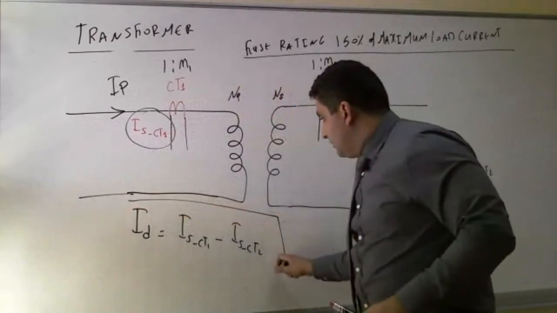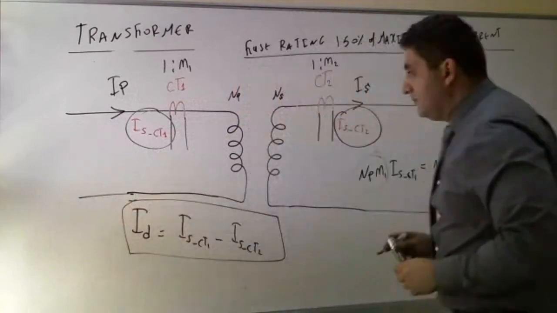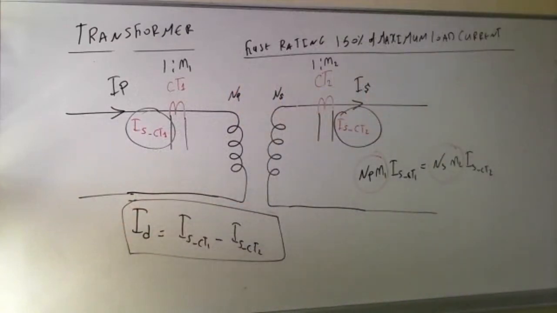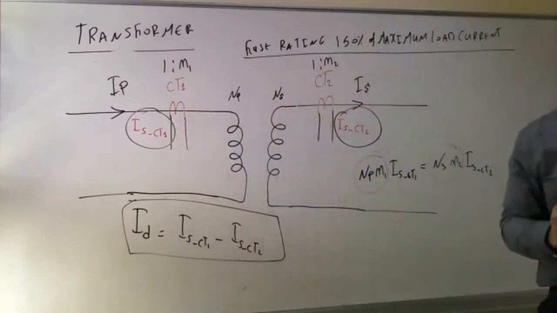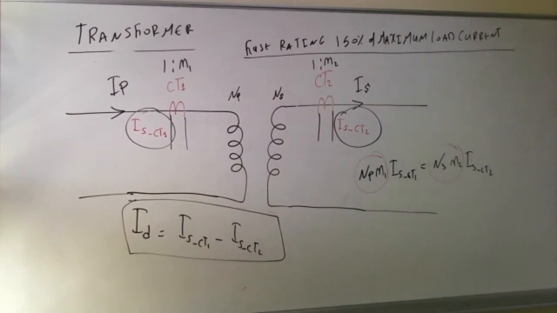This is what the relay will do: differentiation between the secondary current of CT1 and the secondary current of CT2, and will make sure that the system is in order.